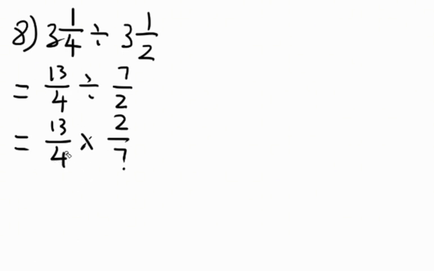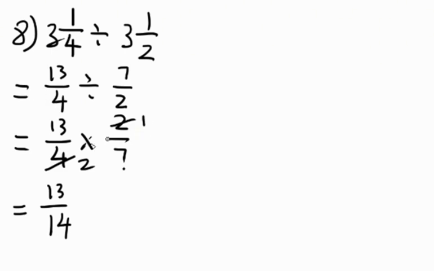So since 4 and 2 can be divisible by 2, this will equal 2 and 1. So now we'll just multiply the fractions. So 13 times 1 will equal 13 and 2 times 7 will equal 14. And since this is not able to be simplified anymore, this will be our final answer.